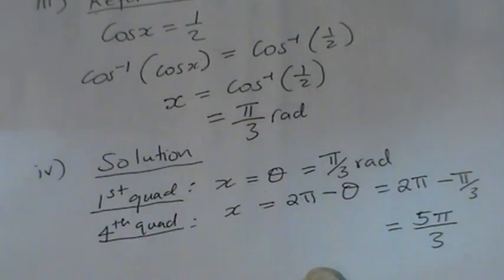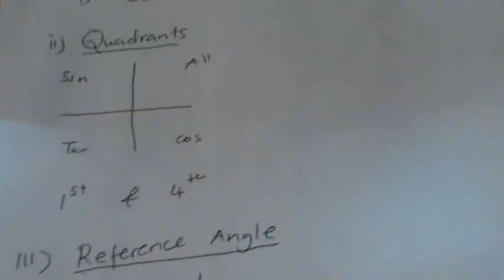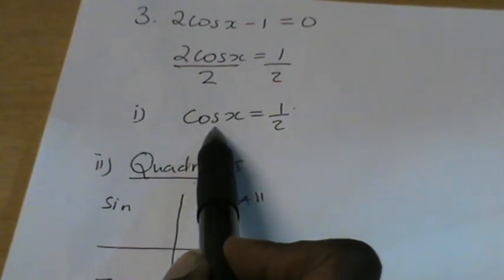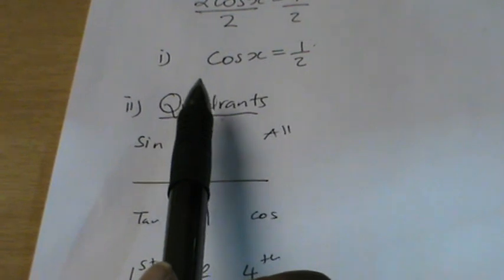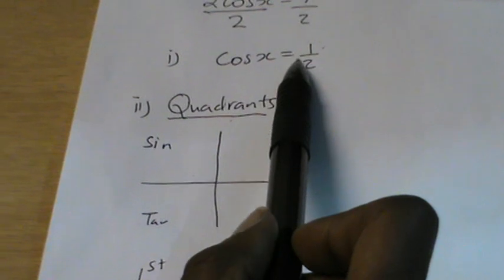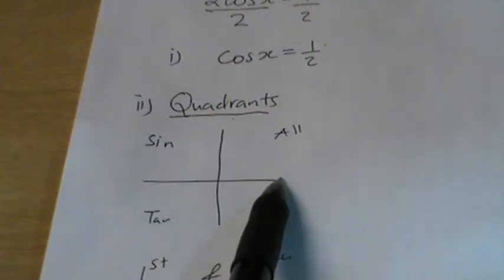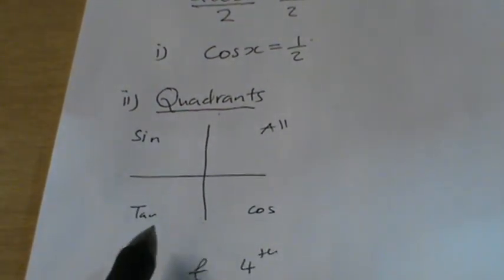Okay, so you can see all I'm doing is I know what the steps are. Step number 1, I need to rewrite my equation in this form, as cos x is equal to something. Step number 2, I need to determine what quadrant x lies in, depending on the sign of this value over here. We said if this number is 0, then my answer will be 0 or 360, 90, 180 or 270, because these are the values that will give me 0.